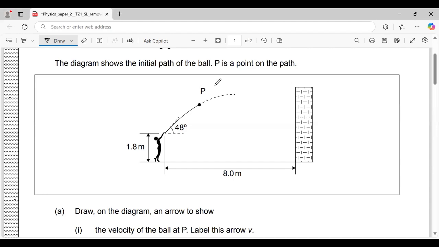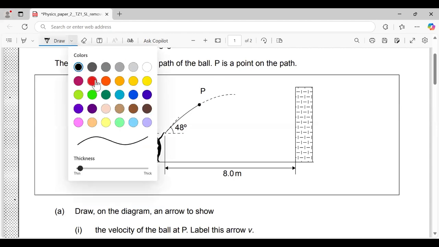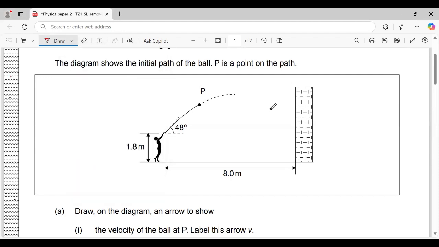I'm going to use a different color. This is the arrow, v, velocity.